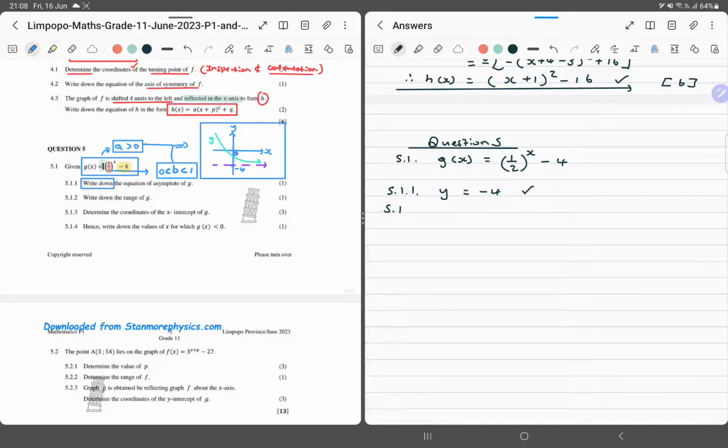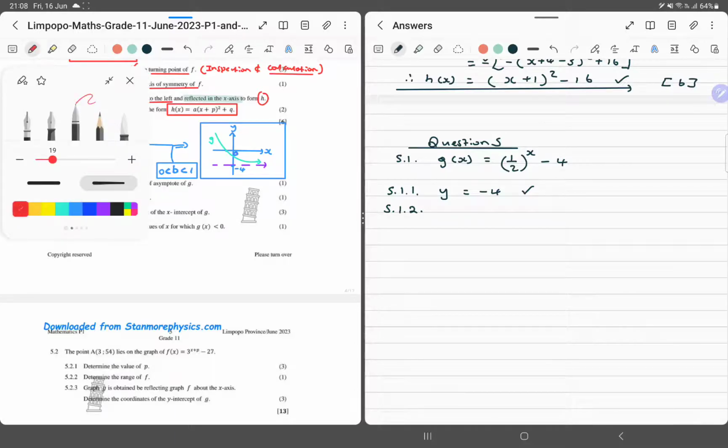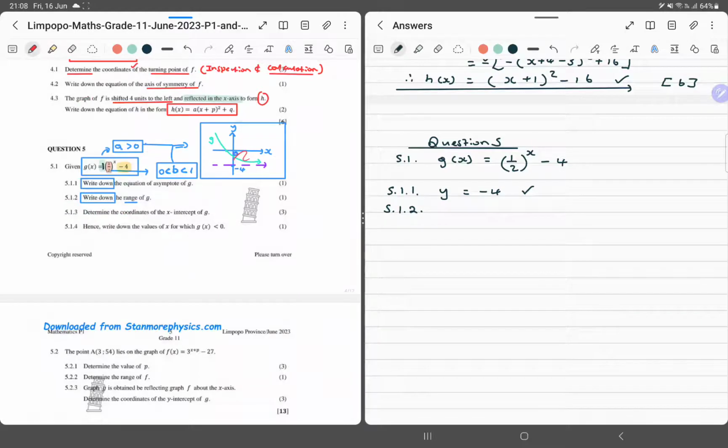1 mark. So 5.1.2 says again write down the range of g. So range is y values. So what is this g? If you're looking at g in terms of the vertical axis, we see it all the way. Okay, maybe let's use another color here. We can see that except for this, because it is undefined at -4, but we see it anywhere above that line.